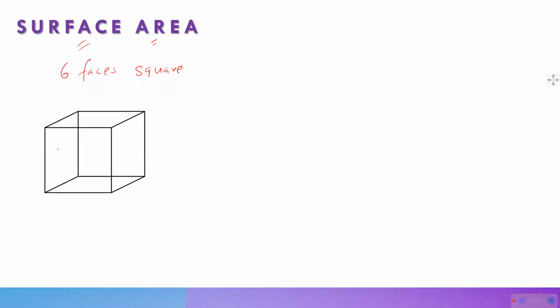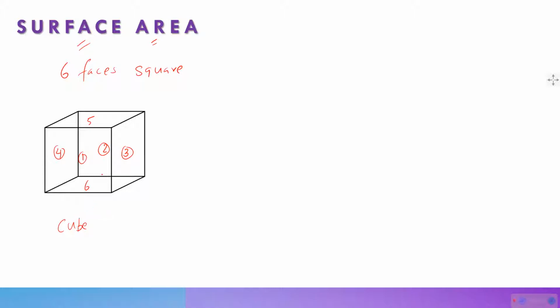This figure, which we name as cube, I would say is a 3-dimensional presentation of a square extended in such a way that it gets 6 faces. So if I number this, one which is in front of you is 1, and one which is behind as 2, on my right as 3, on my left as 4, and the top as 5, and the bottom as 6, you can identify 6 faces.